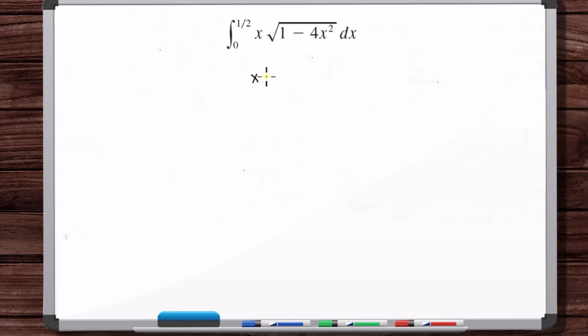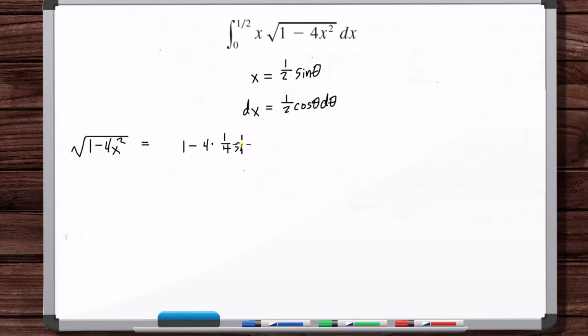So, x is equal to 1/2 sine theta. So, dx is equal to 1/2 cosine theta d theta. Okay, so now if we make the substitution, we get 1 minus 4 times 1/4 sine squared theta.